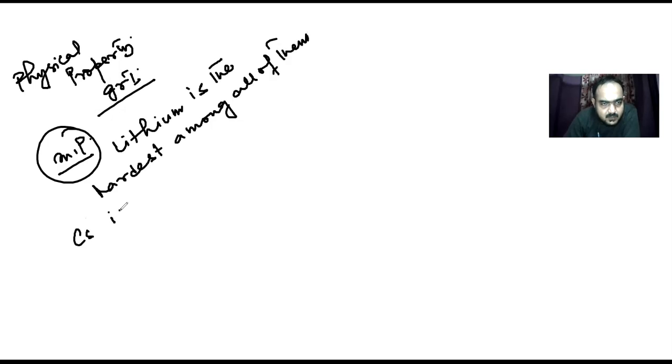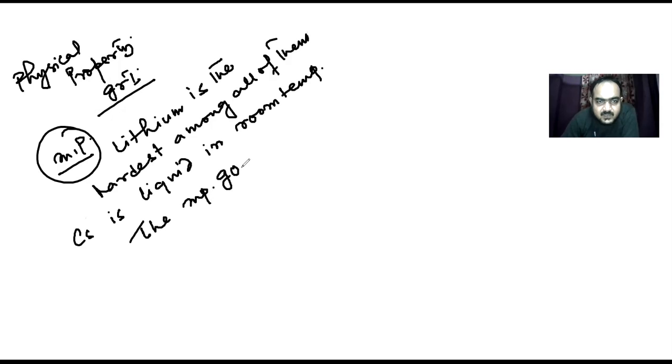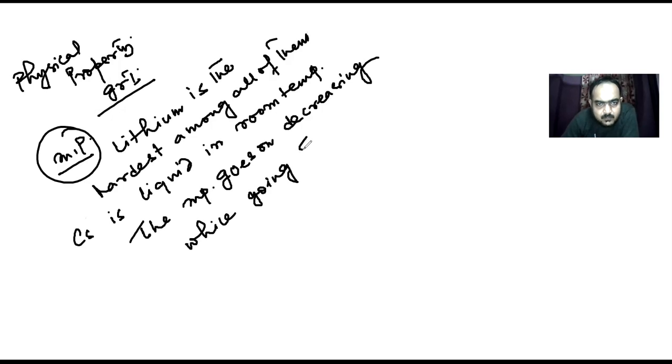Cesium is liquid at room temperature. So the melting point goes on decreasing while going from top to bottom.